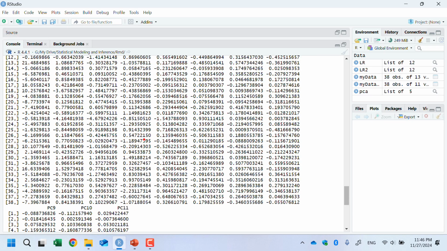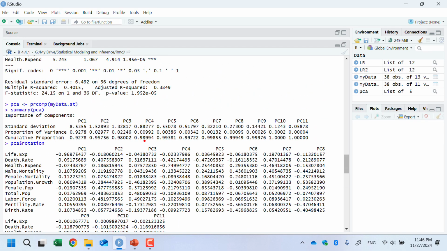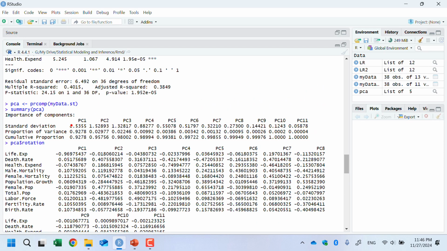That would be better. So first one is the summary. You can see what the standard deviation is. As you can see, the first one has the biggest variance, right? So that's why the standard deviation is the biggest, and then it gets smaller and smaller. And the proportion of variance is like 92%, which means it captured about 93% of the total data variance.